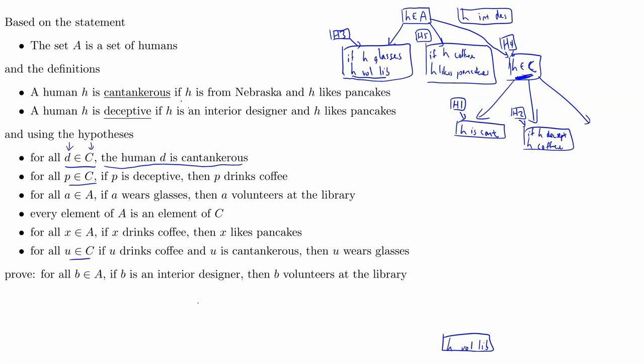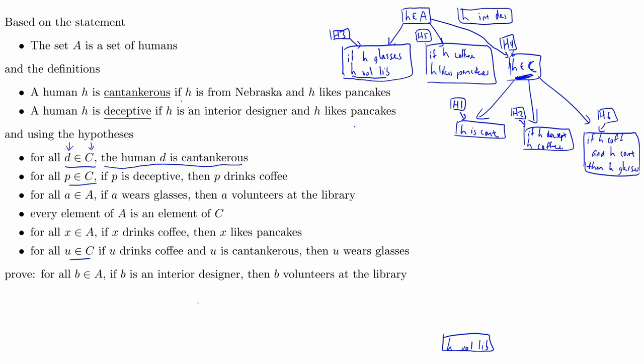And then if we take the sixth hypothesis together with little h belongs to C, we get: if H drinks coffee and H is cantankerous, then H wears glasses. So, alright, something like that.